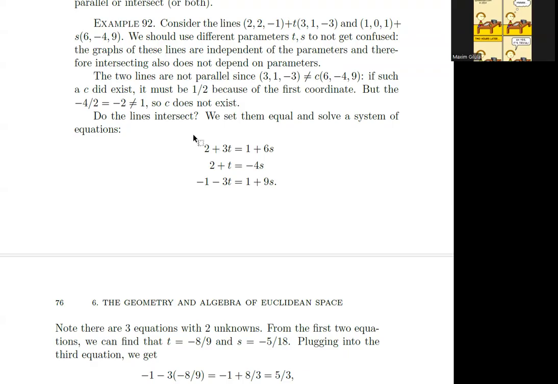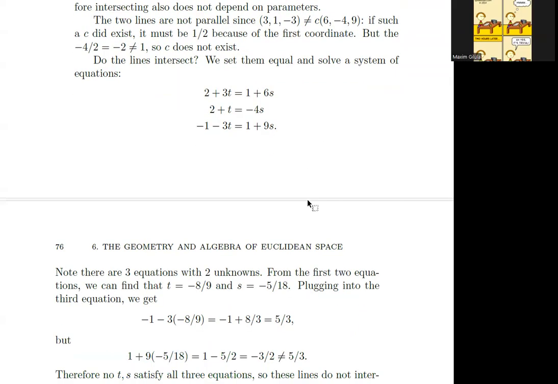Do the lines intersect? To do that, you have to set them equal with the different parameters, and you get a system of 3 equations with 2 unknowns. From the first equation, you could find that t is minus 8 over 9, and s is minus 5/18. That's just if you solve these two. So now you could plug it into here and see if it is satisfied.